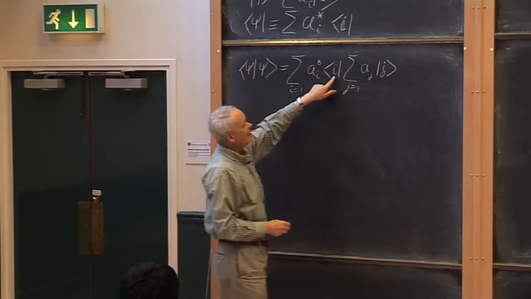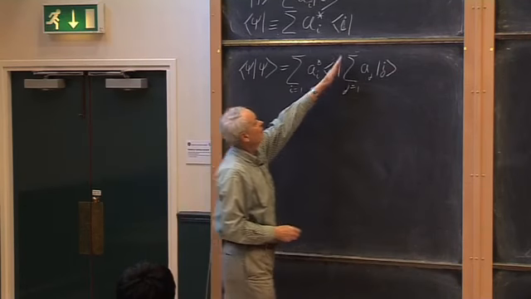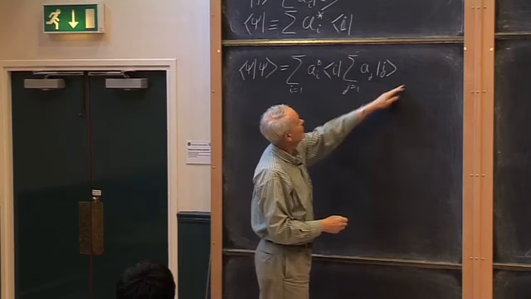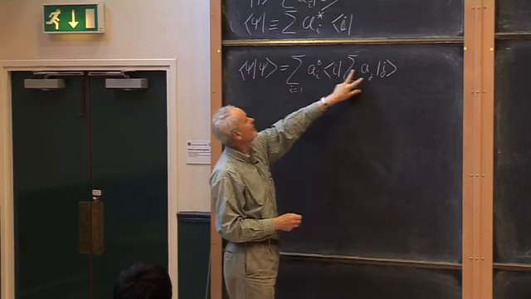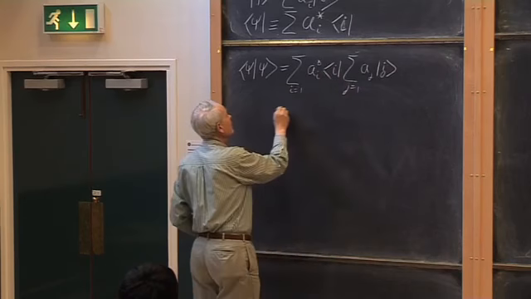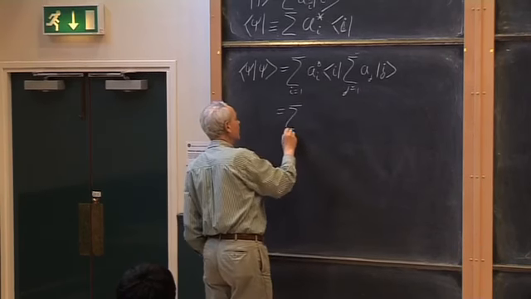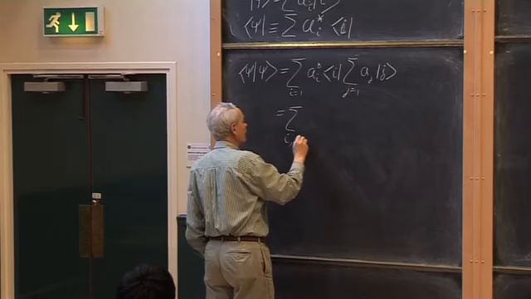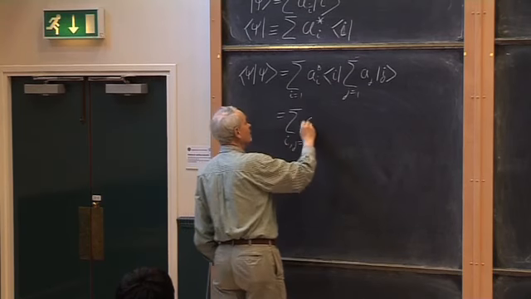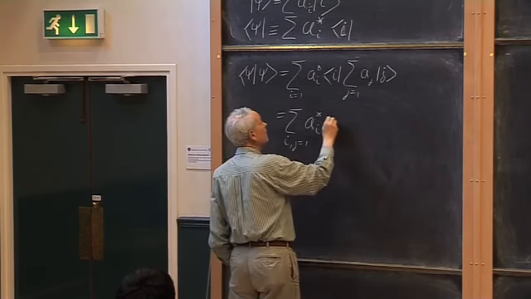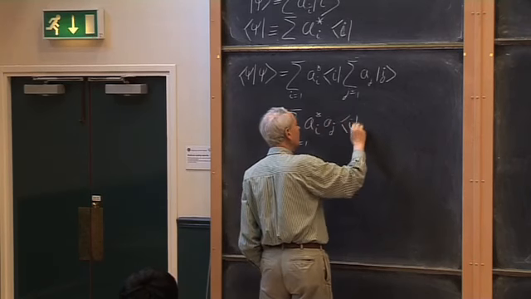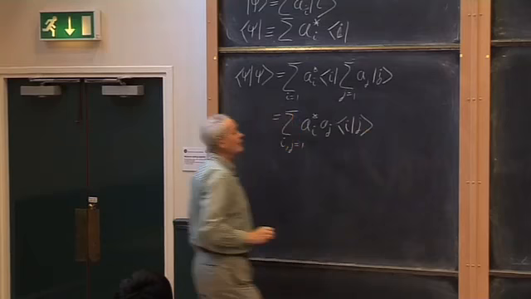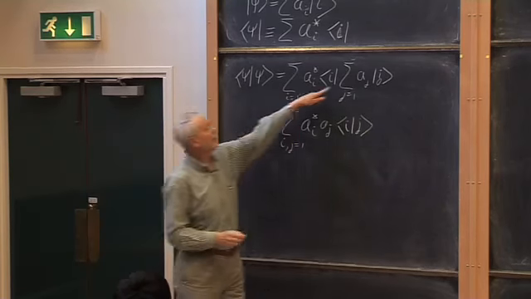This is a linear function, right? We're evaluating this linear function on this dirty great sum, but because it's a linear function, the sum can be taken outside, so I can write this as the sum over i and j, each running from 1 to whatever it is, of a_i star a_j <i|j>. There I've used the linearity of the function <i|.